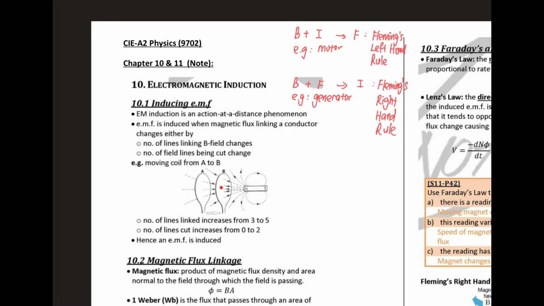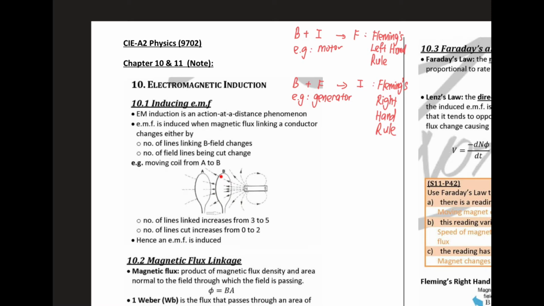So when you move the magnet in and out, for example, the coil is not moving. Let's say we keep the coil stationary and we move the magnet in and out. So imagine that this line keeps cutting the conductor in different ways.